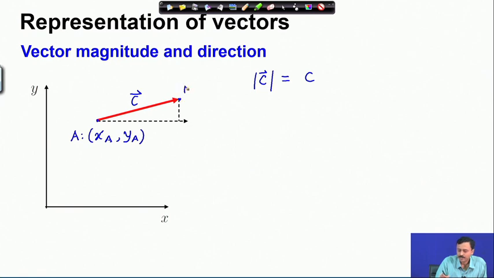So, these 2 points A and B, and c is a vector from A to B. So, we have talked about the magnitude.